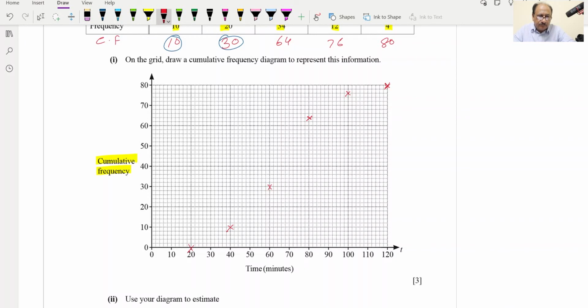Now what we have to do, on the grid draw the cumulative frequency diagram to represent the information. So we can change the color and try to draw the graph. So our graph will be starting from here and smoothly curving like this one.